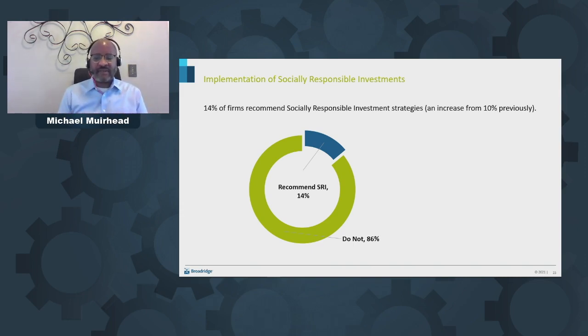So it's one of the areas that we track from an adherence to the fiduciary practices, but also a really important trend. And here, you can see that those advisory firms that are recommending SRI or ESG strategies is about 14%. We saw this rise from about 10% last year or in 2018.